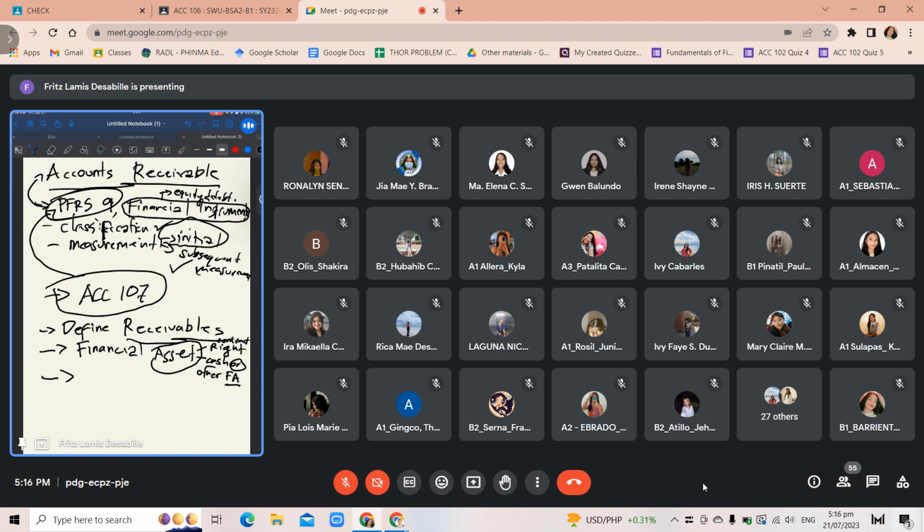So accounts receivable can be classified either as current receivable, or the simplest term is short term, or it can be classified as a non-current receivable, or what we call long term.